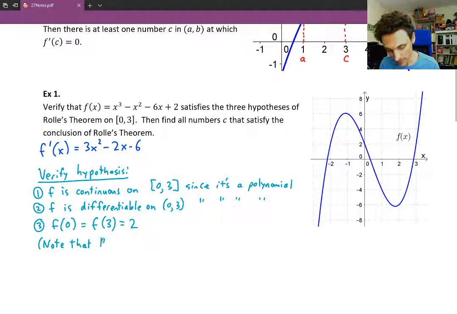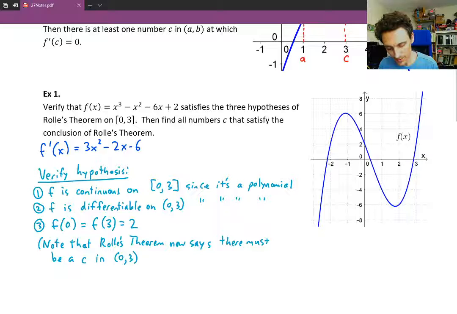So note that Rolle's theorem now says there must be a c in the interval from 0 to 3, it rhymes, at which f prime of c is equal to 0.